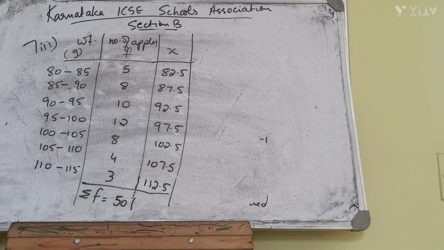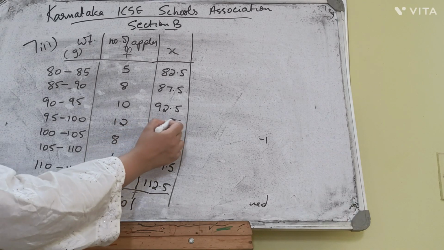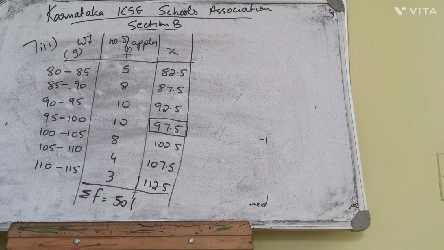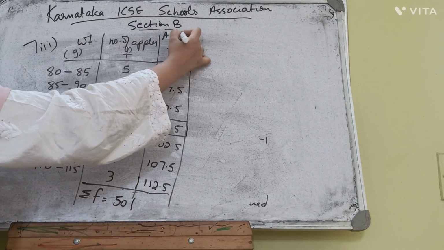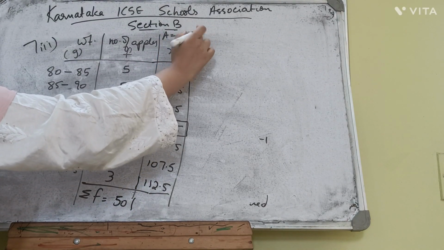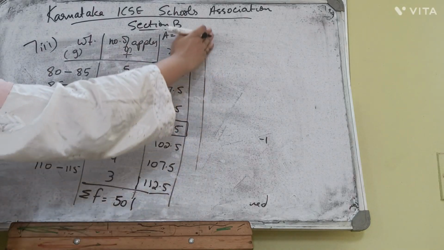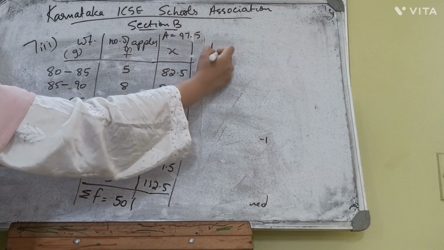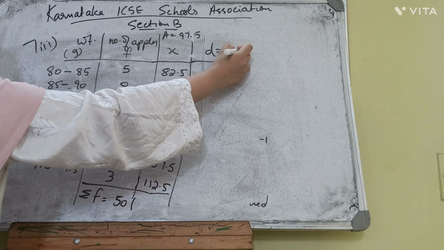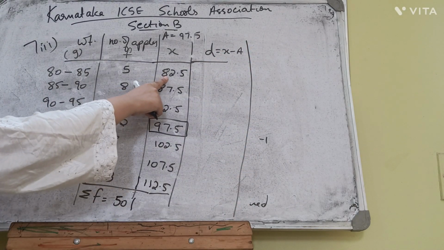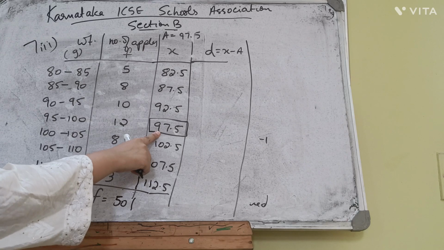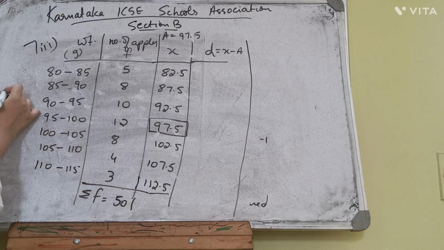Alright. After finding this, we need to find the arithmetic mean, which will be the central number from the x column. So this is your arithmetic mean. We need to mention it here. So A is equal to 97.5. Then we find D, which is x minus A. So x is 82.5 minus 97.5.